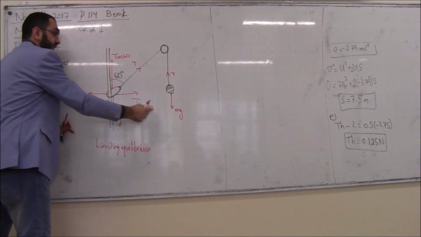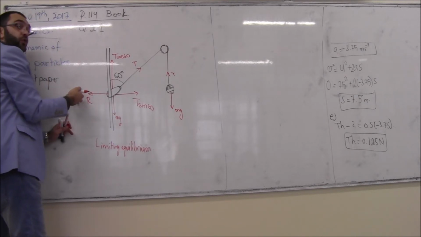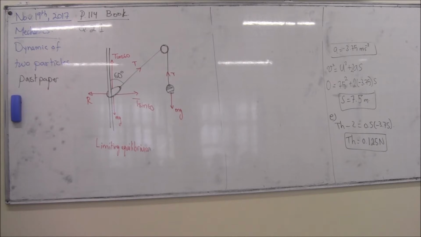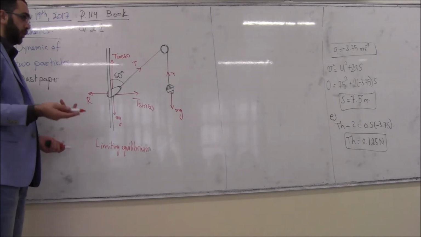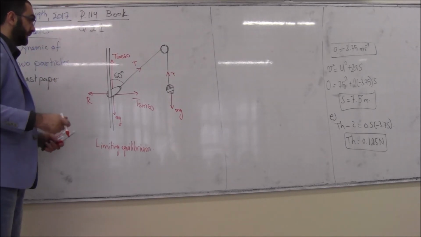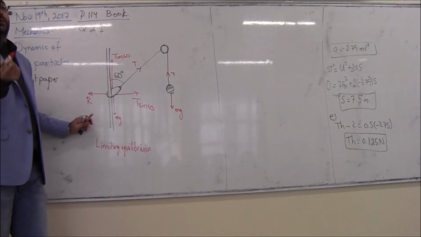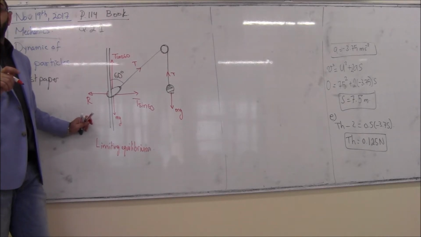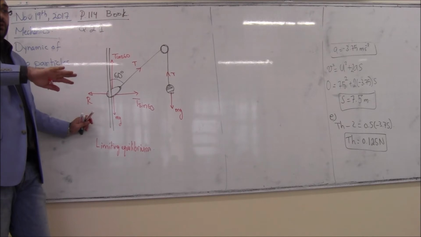So tension T sine 60 should be balanced by a certain force, which is the normal. And I have to know where the friction is, using the direction of motion or about to move. Because it's in equilibrium, no matter the direction of the friction, if it's positive, right?